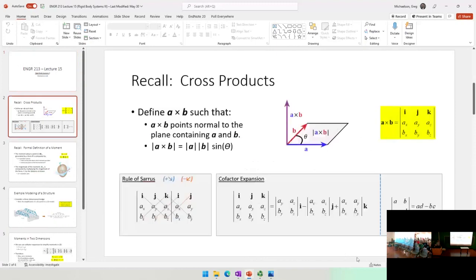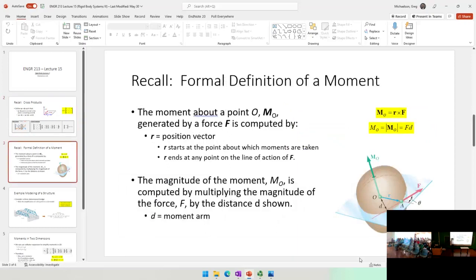First off, let's make sure that we're all comfortable at this point with cross products. I think by now we should be pretty good with that. Particularly important today is understanding how cofactor expansion works, because I'm going to use that definition to simplify how moments in 2 dimensions work, and then make sure that everybody understands the formal definition of a moment.